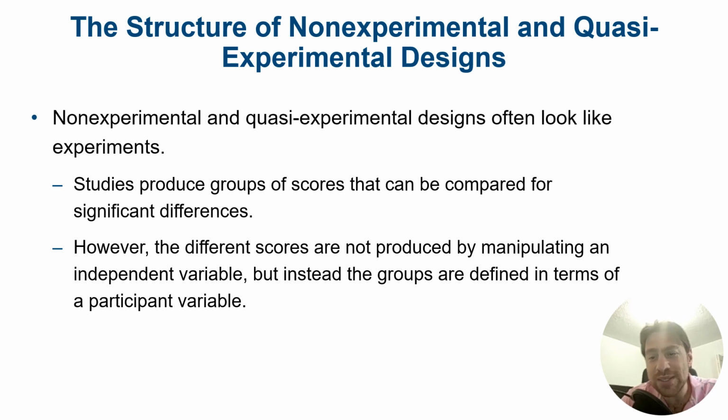But the groups are not created by the manipulation of the independent variable as they would be in a true experiment. Instead, the groups are often defined by participant variables, like, for example, how much adversity somebody has faced in their life, or by time, whether you're collecting data from a person before or after some treatment.